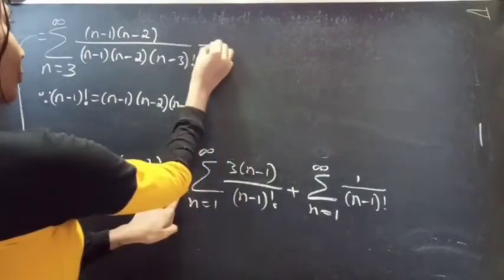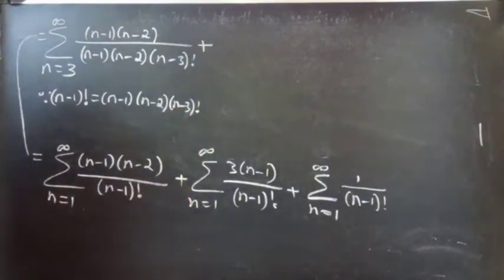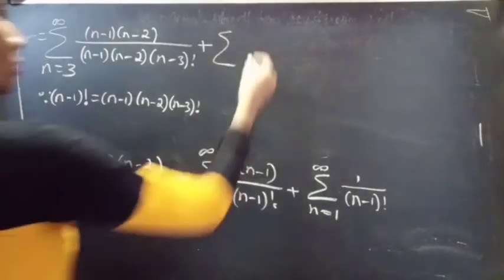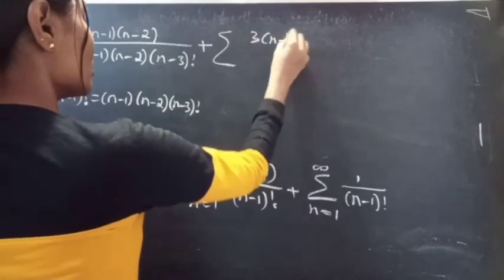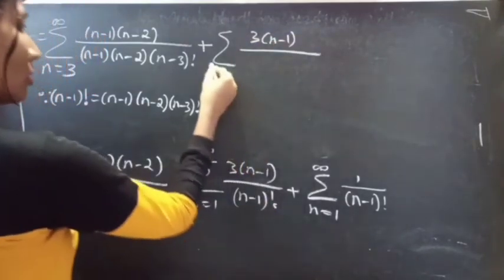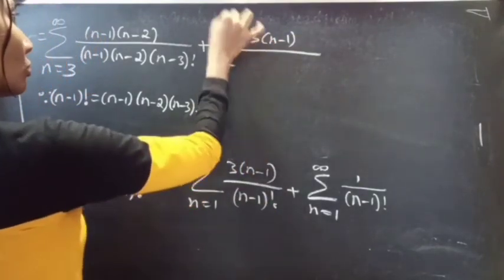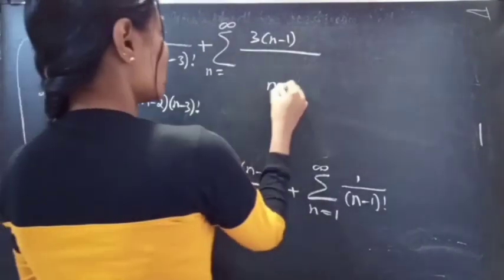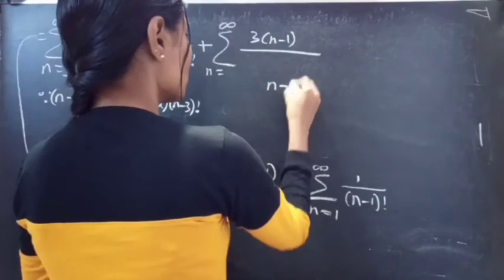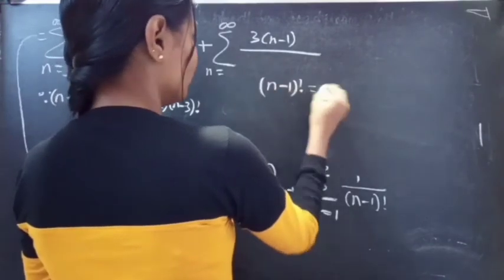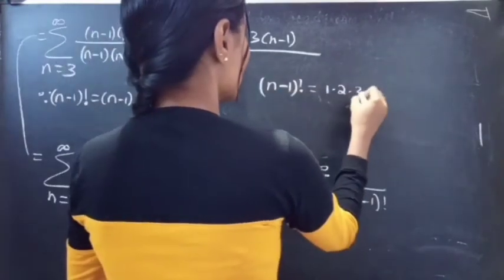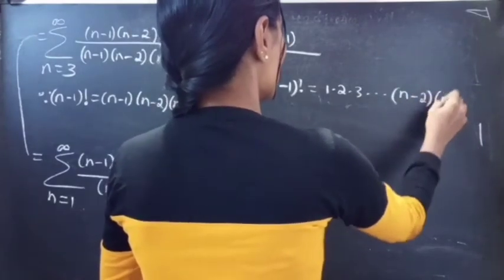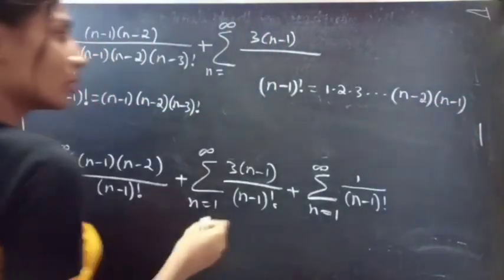Plus summation 3 into n minus 1 by, for n equals to, okay, here also you are having n minus 1 factorial. Since n minus 1 factorial equals to 1 into 2 into 3 into so on into n minus 2 into n minus 1.